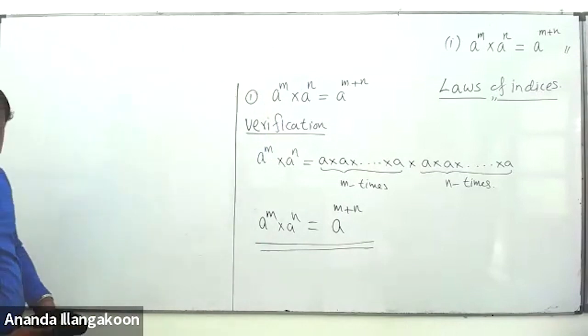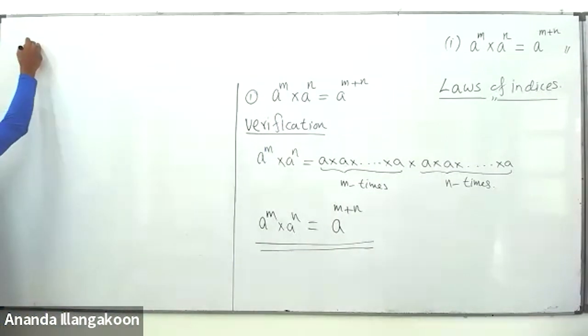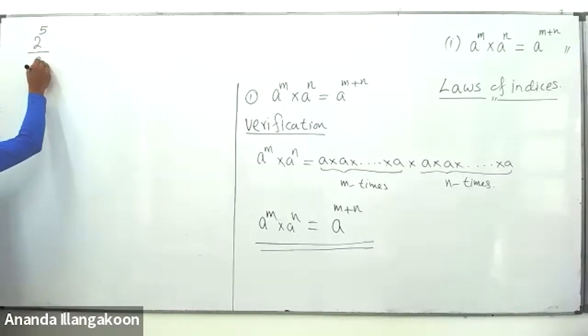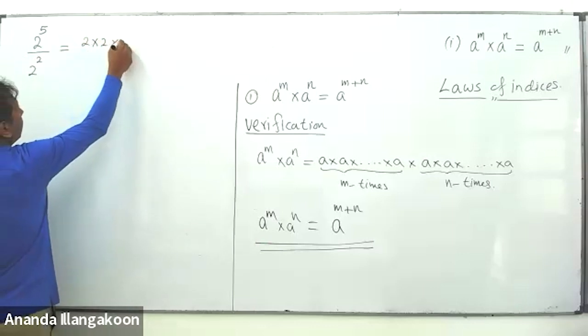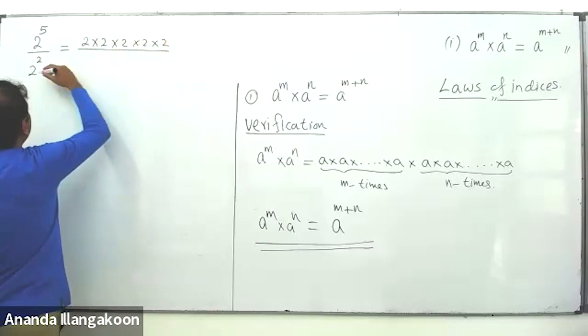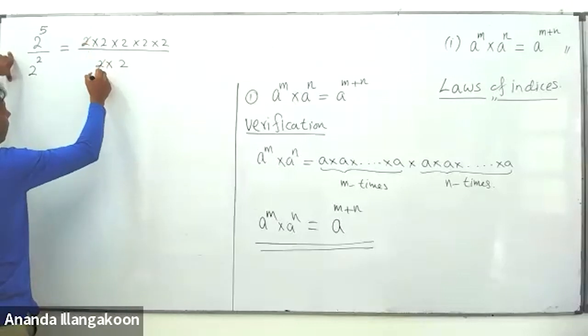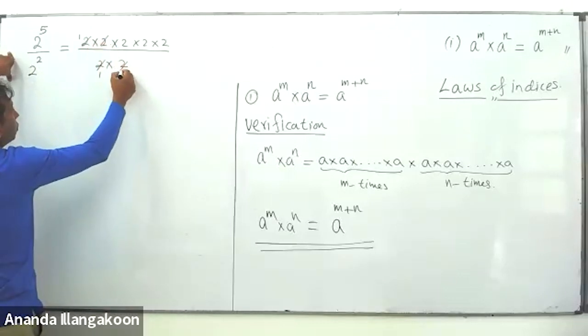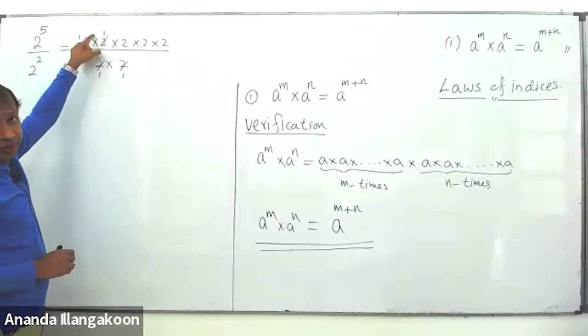Okay, people, second one is this. Now, when we divide something like this, for instance, consider this one. I am going to divide 2 to the power 5 by 2 to the power 2. Then I can write 2 into 2 into 2, 5 times, in the numerator, and the denominator this way. Then this 2 and this 2 we can cancel down, and this 2 and this 2 we can cancel down. Then 1 into 1 is 1.